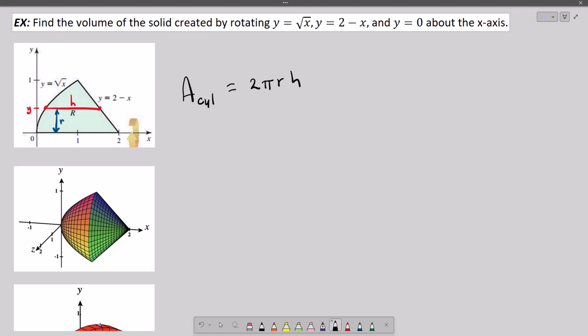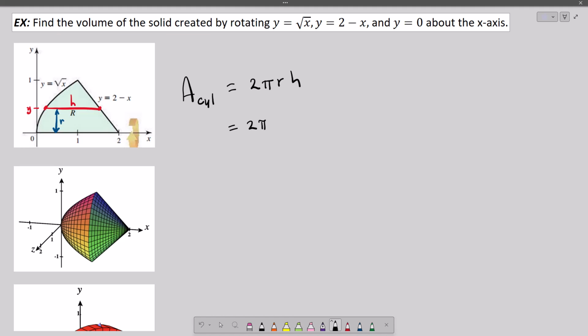Because this is a horizontal element, the thickness is dy, which means our integral will be with respect to y. So we need to turn the r and the h into y's. So now we look at our picture, and we first start with the r. What is r? Y. The letter.